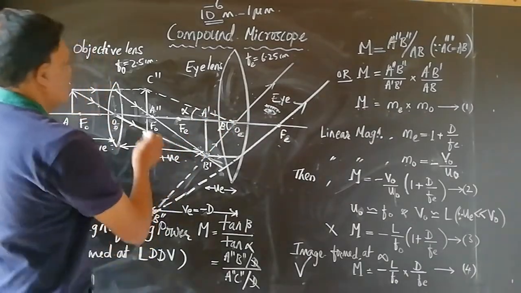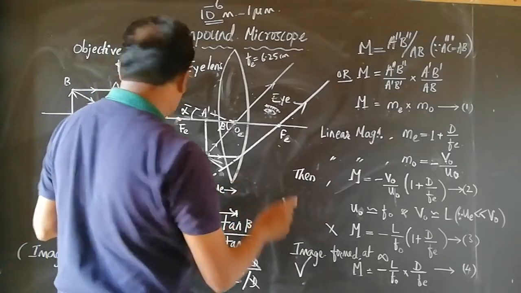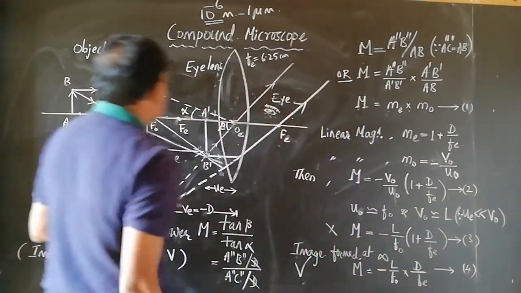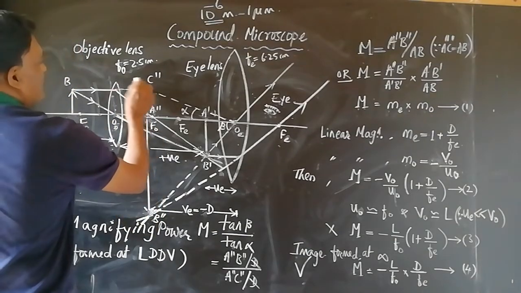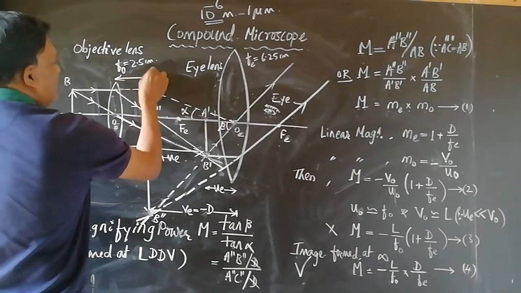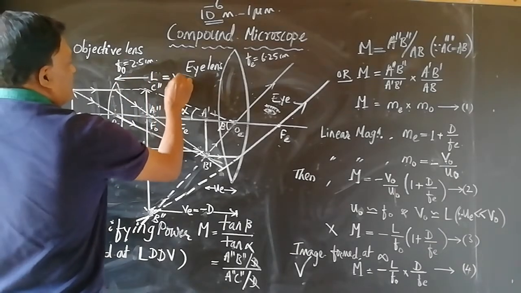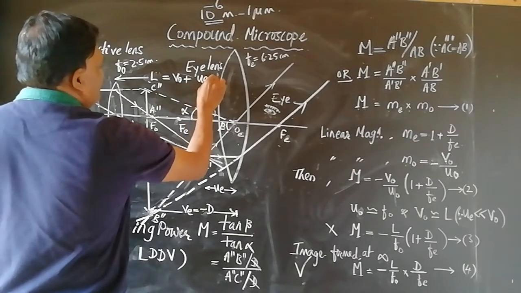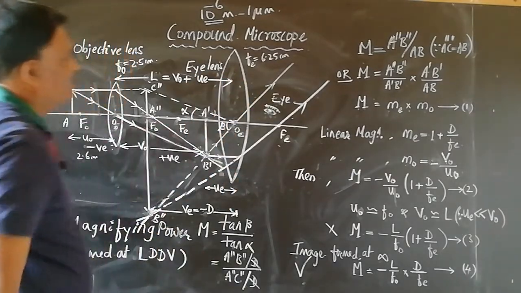In that case, we write Vo equals the length of the microscope. Here, length of the microscope, let me write it as L. L is the sum total of the image distance for the objective and object distance for the eye lens.